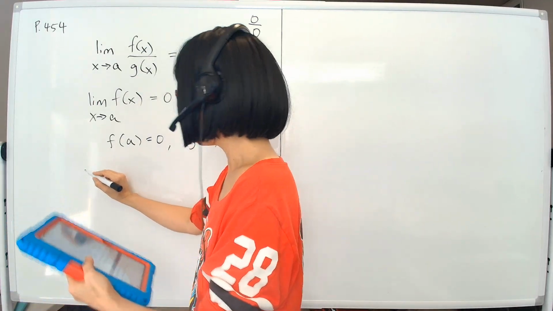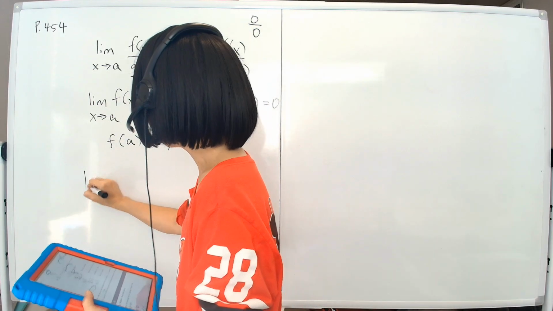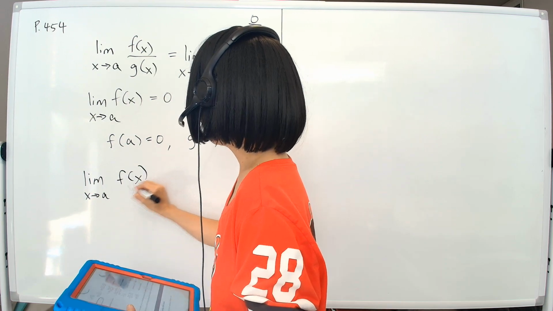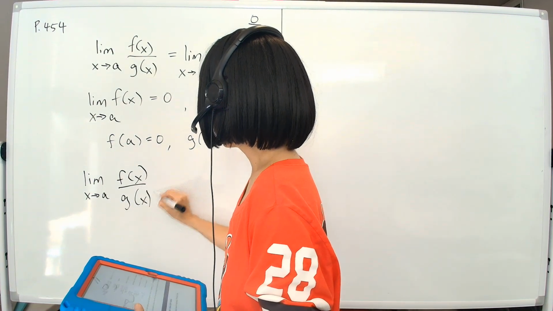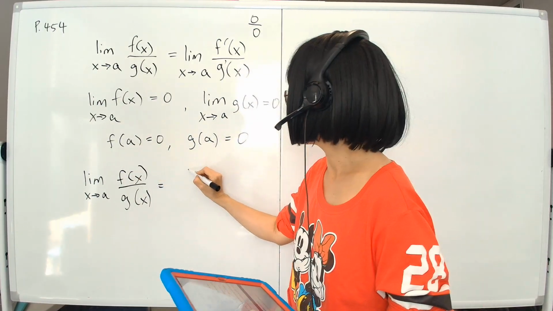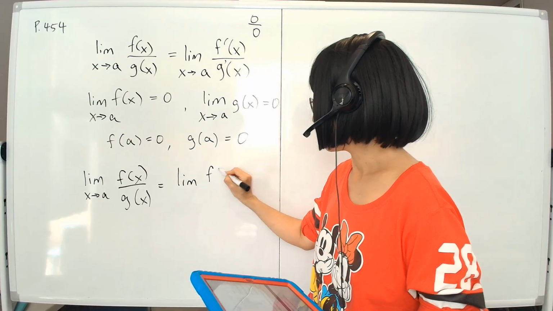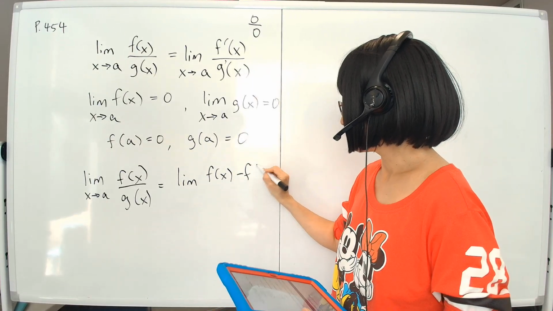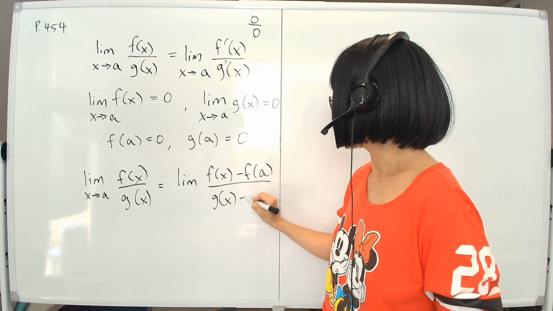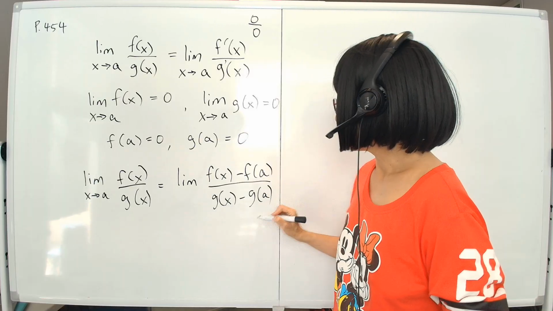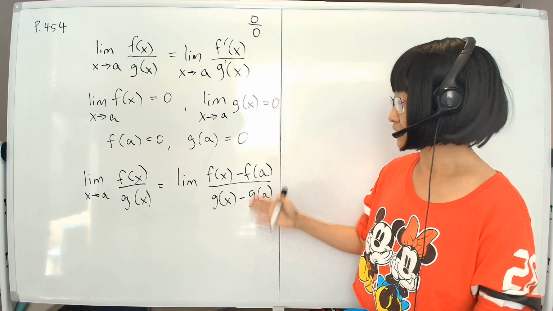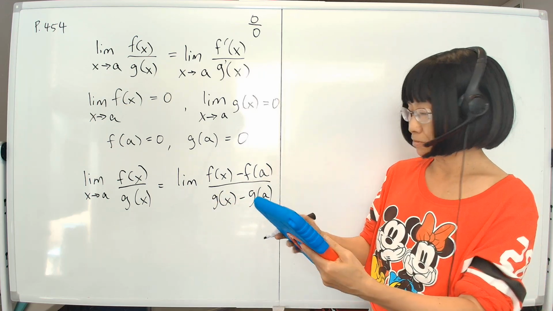We will start with the expression we're trying to prove: the limit as x approaches A of f of x over g of x equals, being that f of A is 0, we'll do that subtraction: f of x minus f of A over g of x minus g of A. Since f and g are both 0 at A, this equation stands. So far so good.